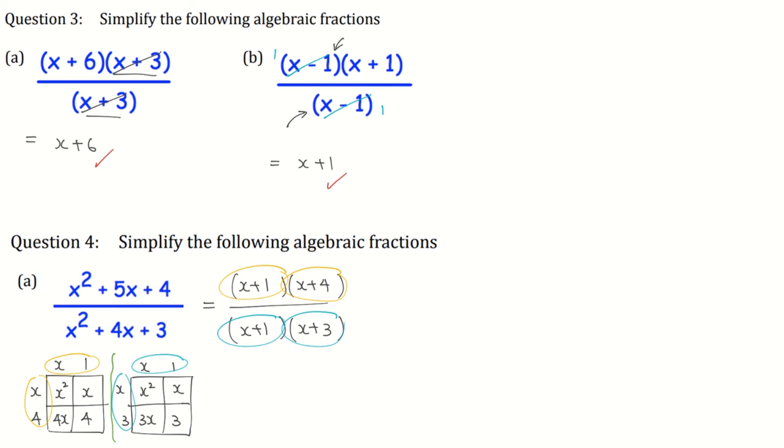And are there common factors in the numerator and denominator? Yes, both have x plus 1, x plus 1. So I can cancel them out. And what I've left is x plus 4 over x plus 3. So then we are done with this kind of question.